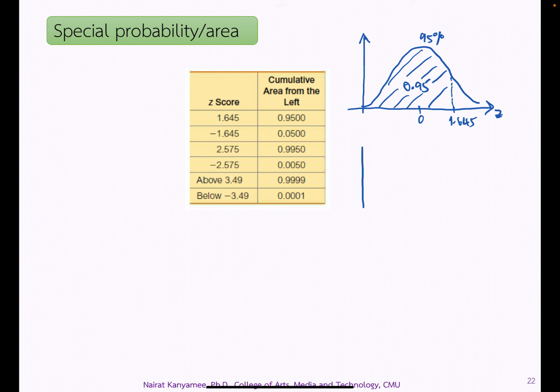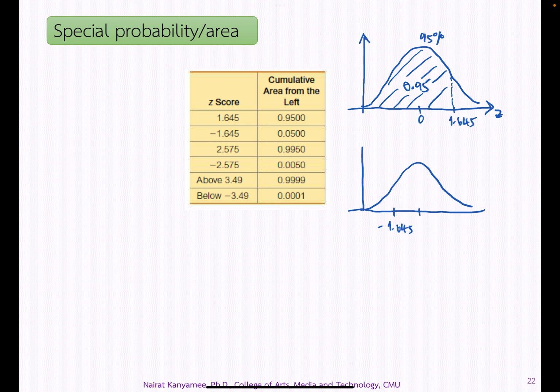Or if you look at the z-score of minus 1.645, minus means the z-score is to the left of 0. Okay, 0 is in the middle. We are working with the standard normal distribution, so the mean is 0 and the standard deviation is 1.